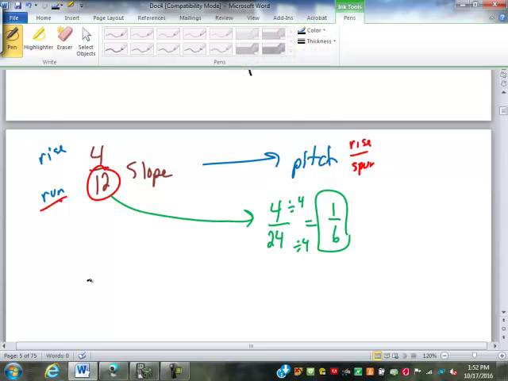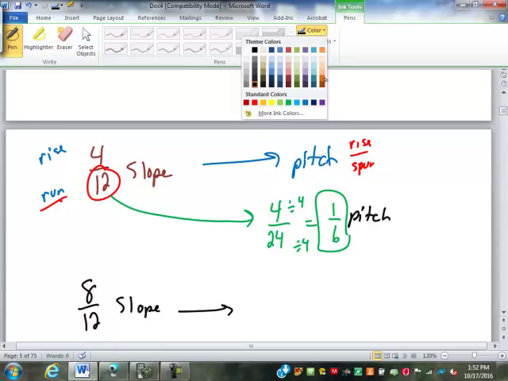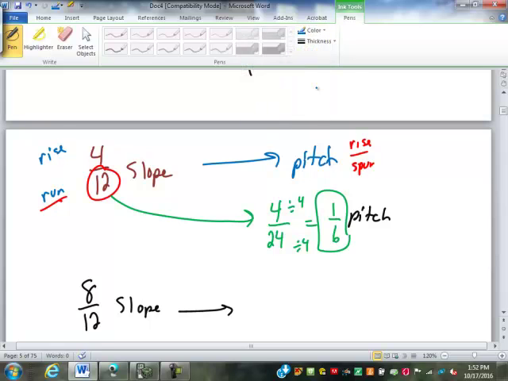If I have an 8/12 slope and I want to convert it to a pitch, what's it going to be? 8/24. And then reduce. Both of those can be divided by 8.